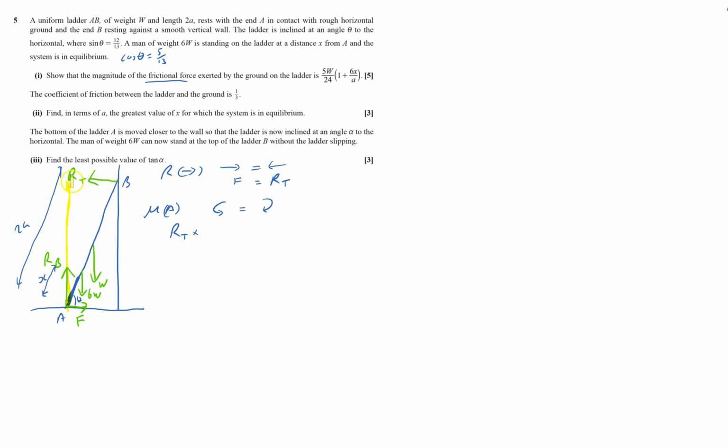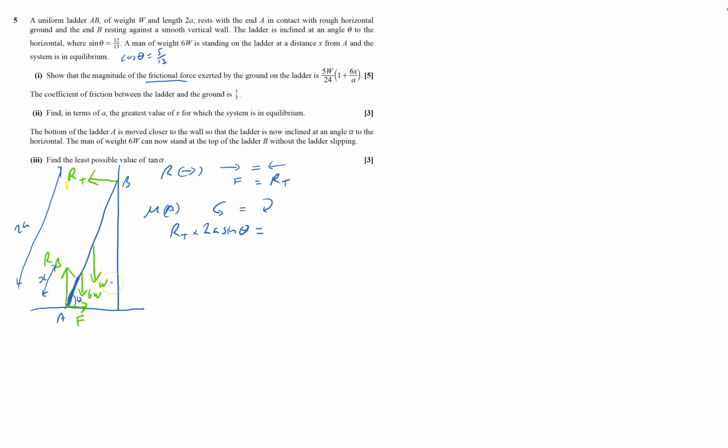And then we need to times by that distance there. That's 2A. Actually, this distance here is exactly the same as this distance here, and so it's 2A sine theta. So that is times by 2A sine theta. And there's nothing else that way.